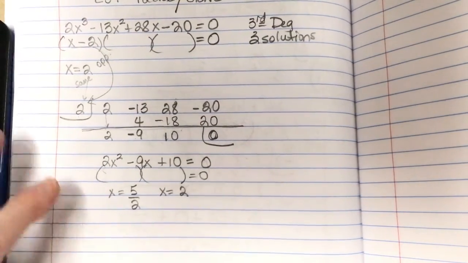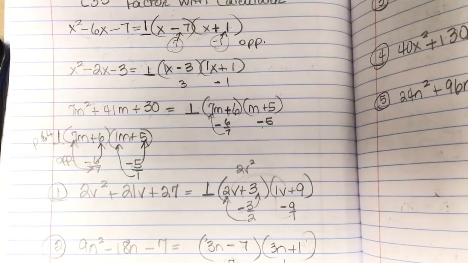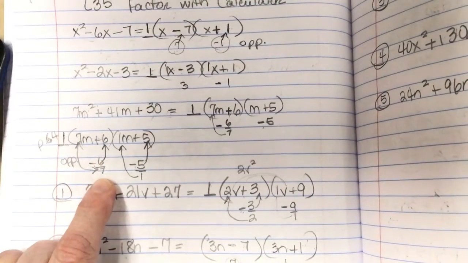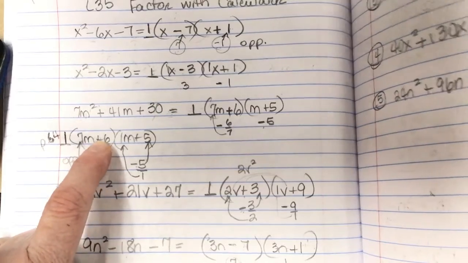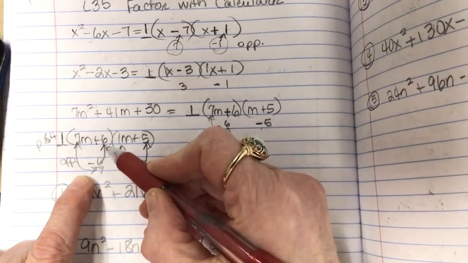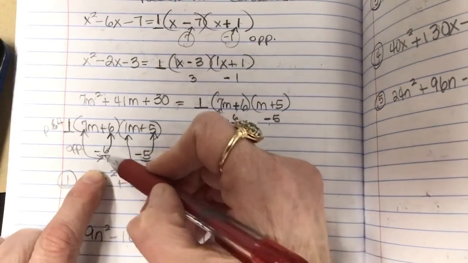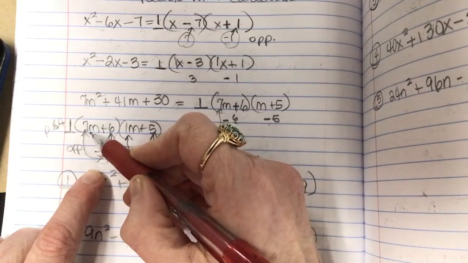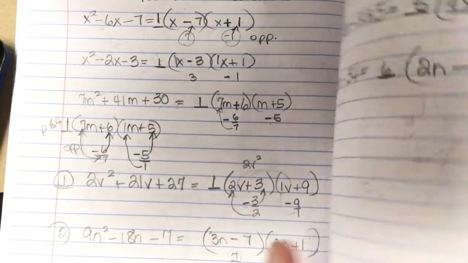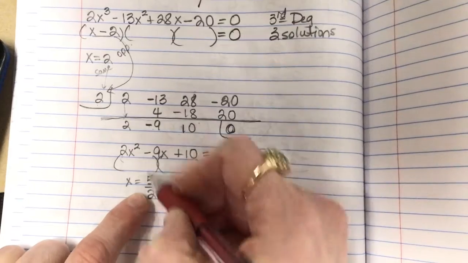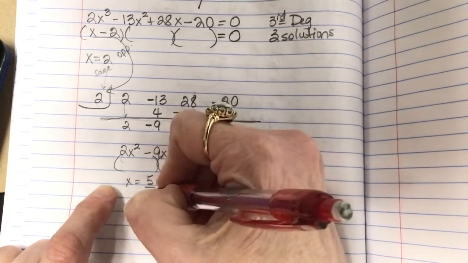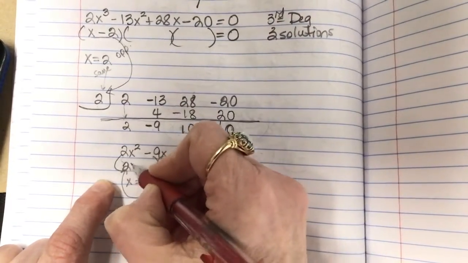Now, do you remember with the calculator, if the answer was -6/7, you did the opposite, and the top became the second number, the constant, and the bottom number became the coefficient of the variable. So in this case, the 2 is going to go right here, and that's going to be 2x.